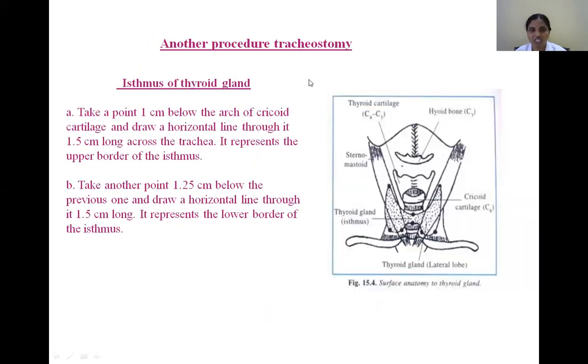And another procedure is the tracheostomy. Here it may be a low or high tracheostomy, for which you should know the isthmus. So above that, what are the landmarks? Take a point 1 centimeter below the arch of the cricoid cartilage. That indicates the level for the upper tracheostomy. And below the isthmus of the thyroid is for lower tracheostomy.